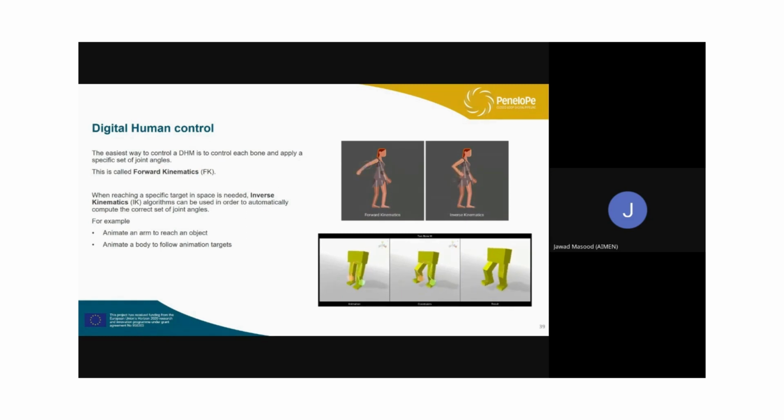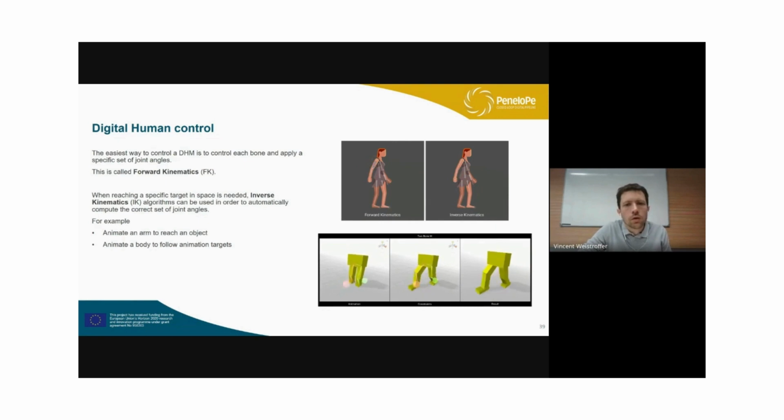So the human body I showed is only revolute joints. But we could define prismatic joints if needed, even if it's not biomechanically plausible. The human body doesn't have any prismatic joints. So here the model I showed is only revolute joints.